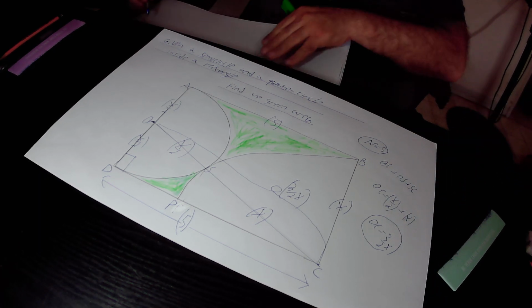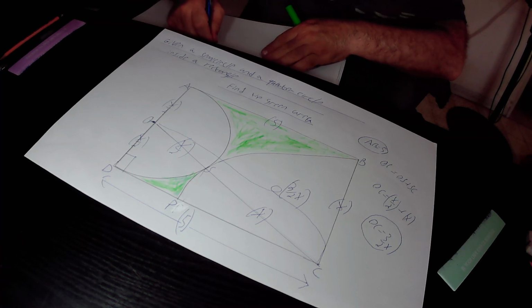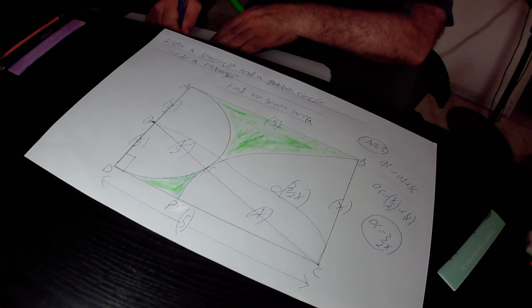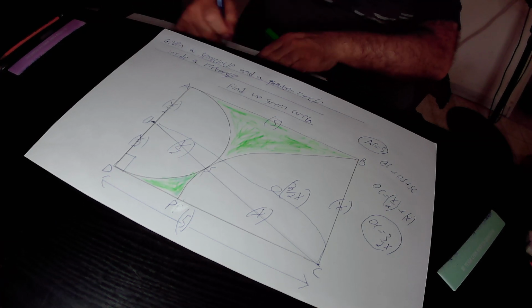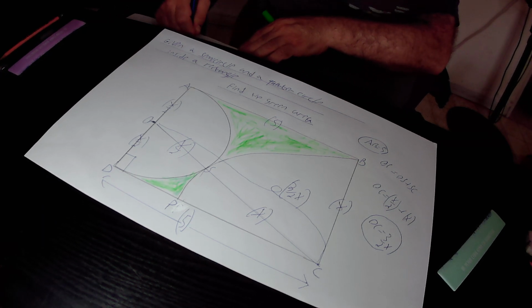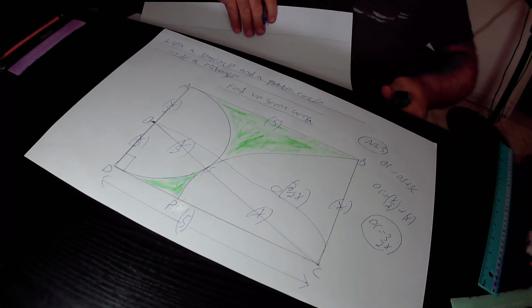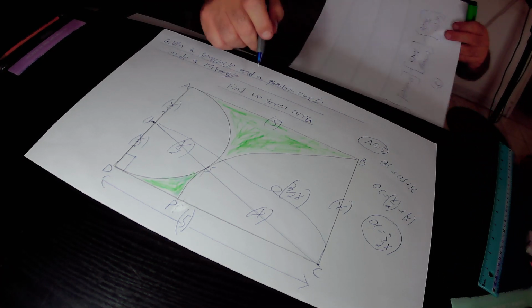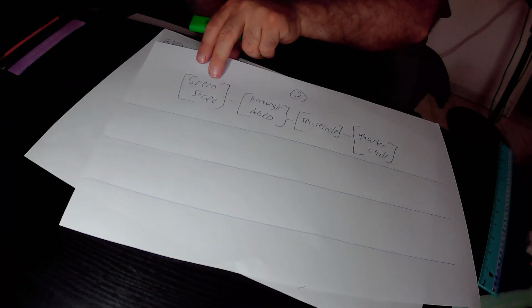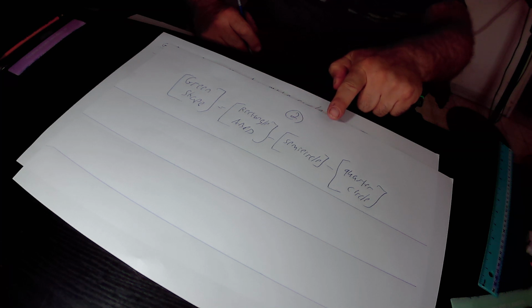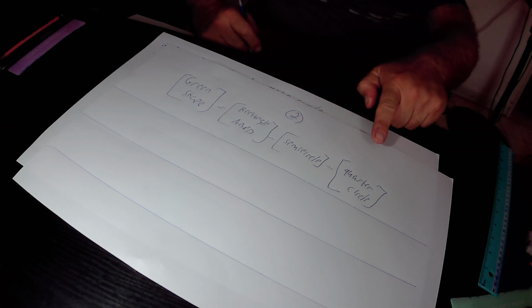So I repeat again, the area of the green shape equals the area of rectangle ABCD minus the area of the semicircle minus the area of the quarter circle.